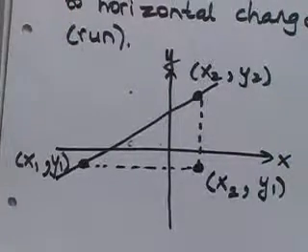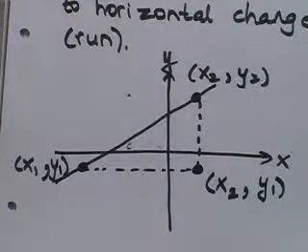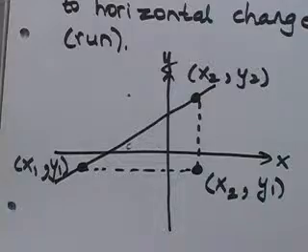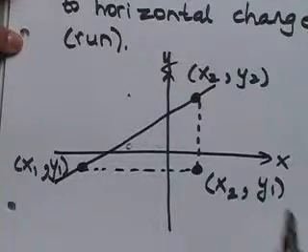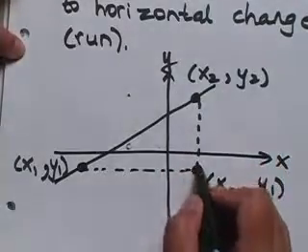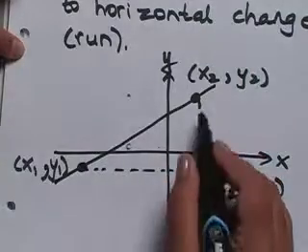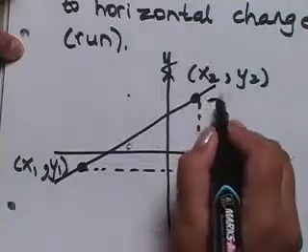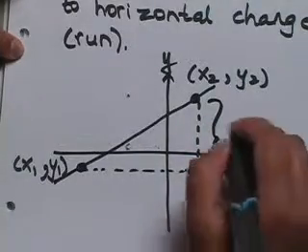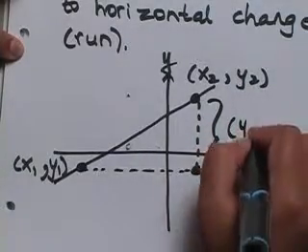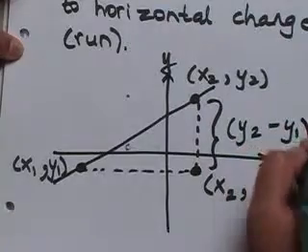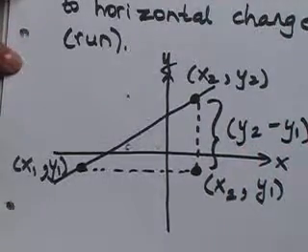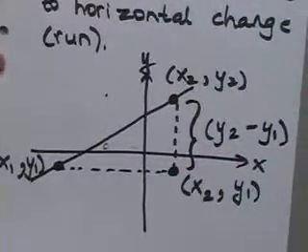All right, so we said that the slope was the ratio of vertical change to horizontal change. Your vertical change, we're talking about the difference here in your y coordinates. This here represents my vertical change, and to evaluate that change, I will take the difference of my y values.